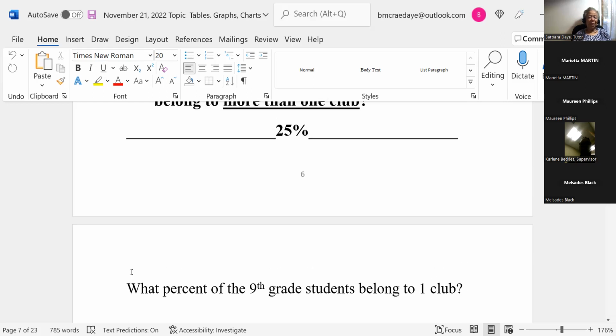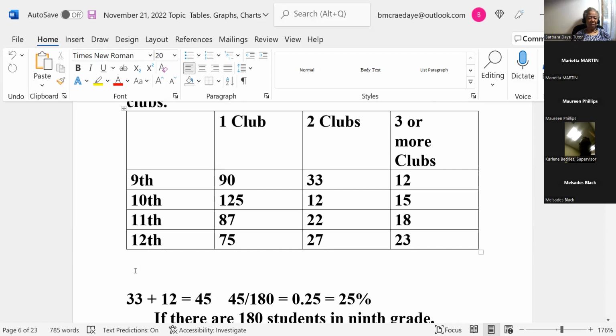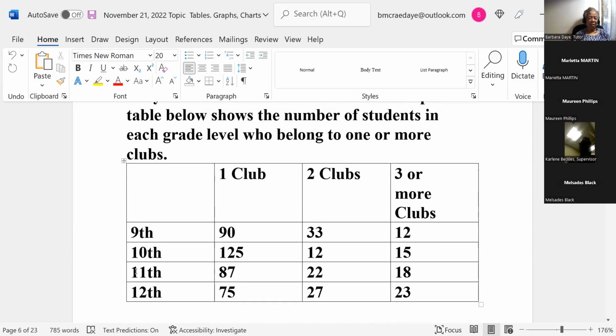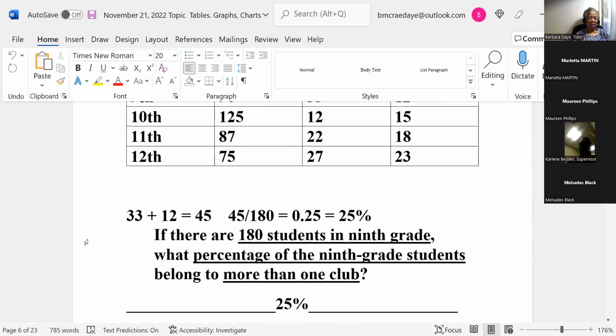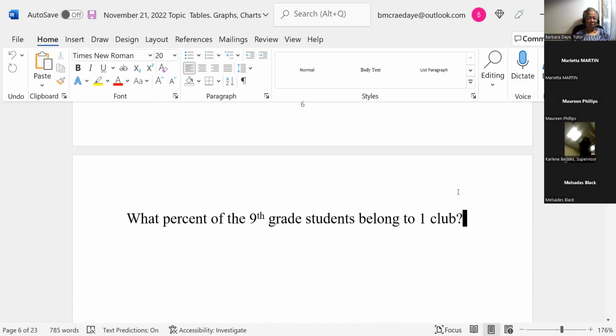How many students in the ninth grade belong to one club? 90 students. Yes. And we just learned how many students are in the ninth grade: 180. What's 90 divided by 180? That's 2.